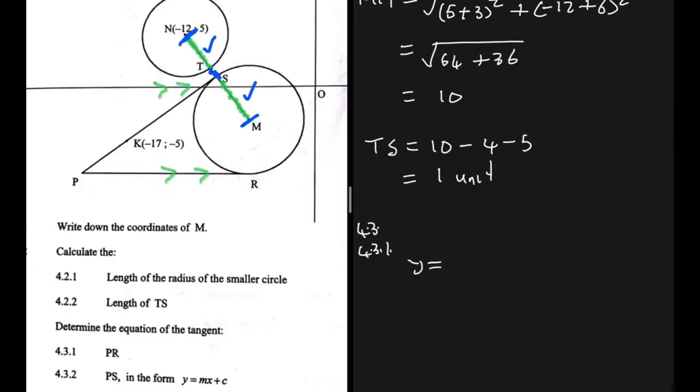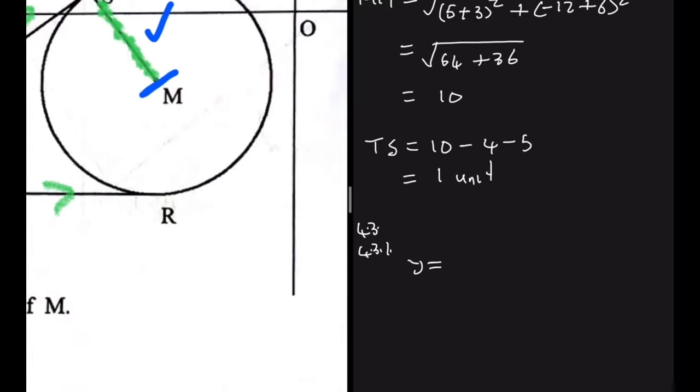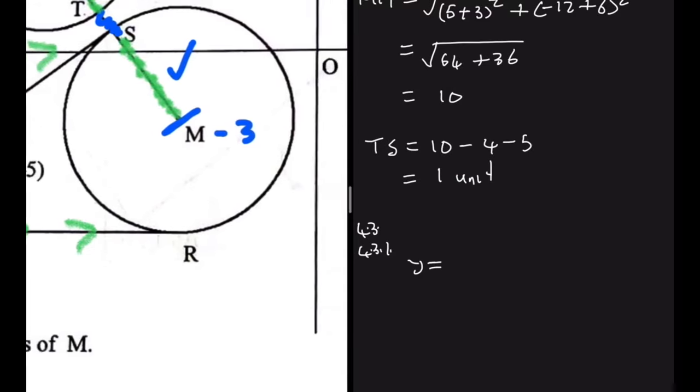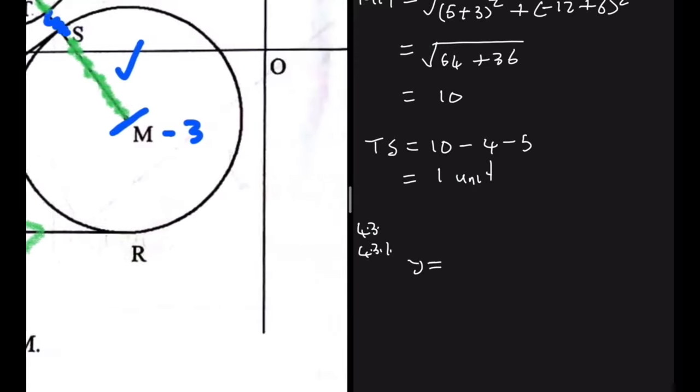Right, so let me show you how we're going to do that. We know that the y coordinate of our center M is -3, right? Our point R and our center M share the same x coordinate, right? That will be true if indeed PR is parallel to the x-axis. So to find the y value of R, we're just going to say -3 - 5, the radius of our bigger circle, right?